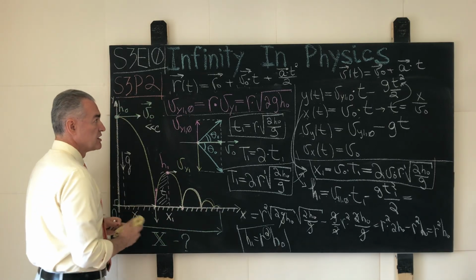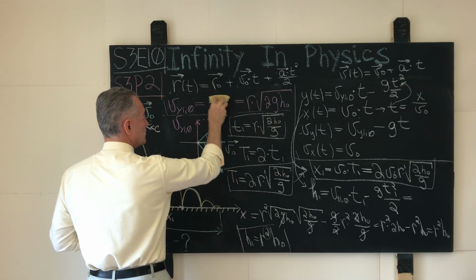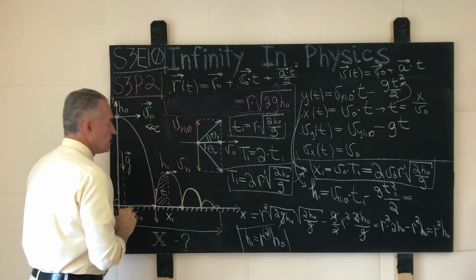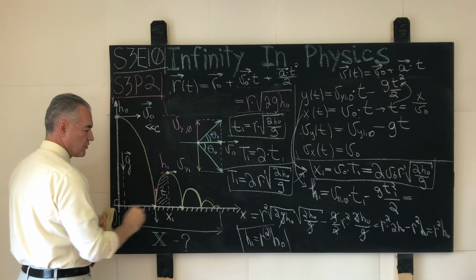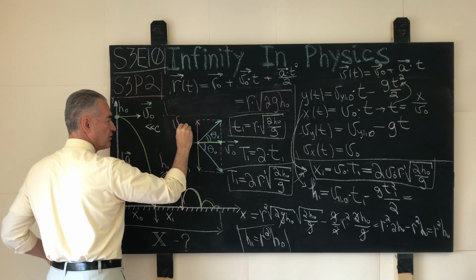And just about the only thing that we need to be careful about over here, let me erase this a little bit, is the following. The initial vertical velocity with which our chicken will take off over here will be Vy20.